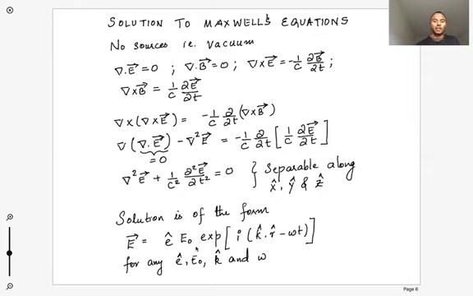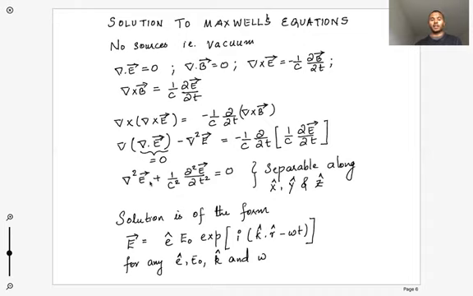Okay, so what does it mean? It means that I can take any superposition of solutions of this kind, add them up, and they'll still satisfy this differential equation, right? So because this is linearly separable, I can write E as E1 plus E2, and if E1 is a solution, E2 is a solution, E1 plus E2 is also a solution.